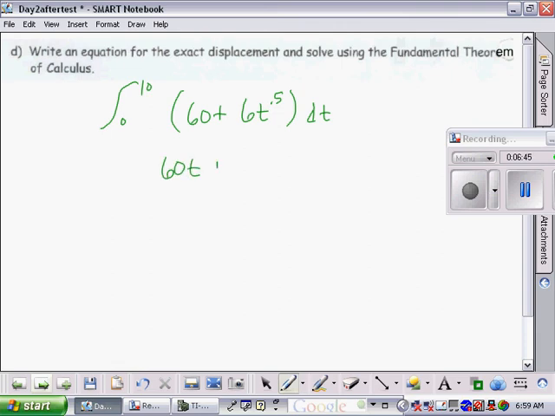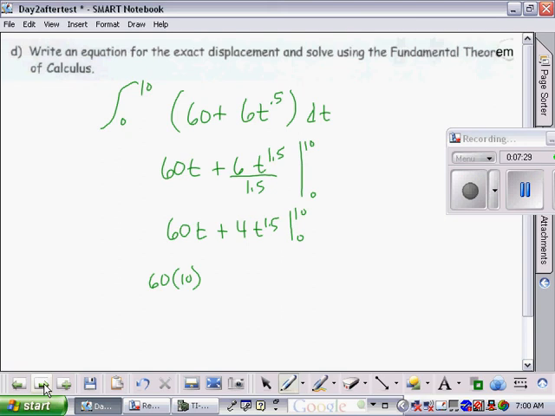So it becomes 60t, and then we have 6, and we raise t to the 1.5 and divide by 1.5. 60t plus, and if you want to, you don't have to leave that 6 over 1.5. You can divide it out and make it 4. Makes it look a little cleaner. When you first do the antiderivative, I want the bar there. And then in the next step, you need to show me plugging in.